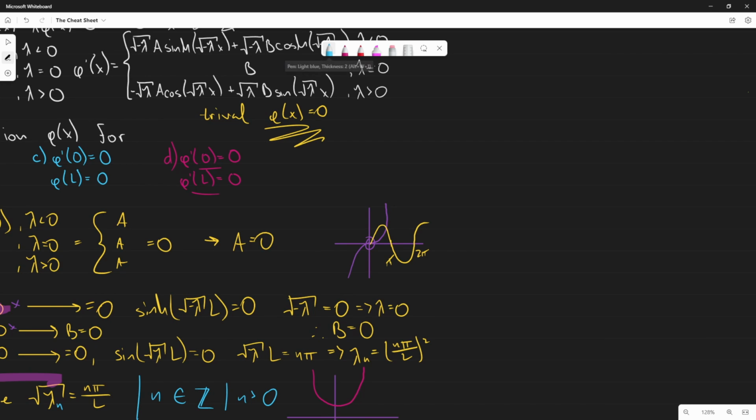So for part C, it asks us to find the solutions with the condition of phase prime of 0 is equal to 0, and then phase of L is equal to 0.